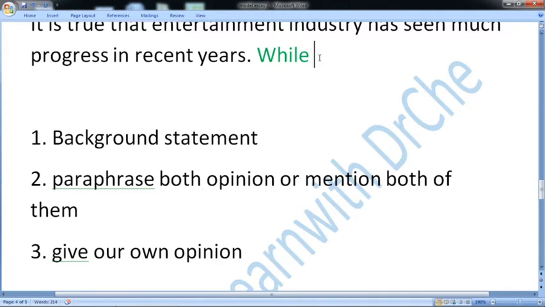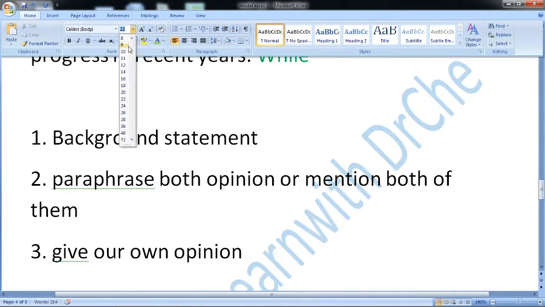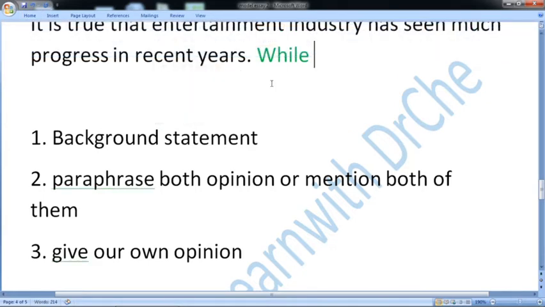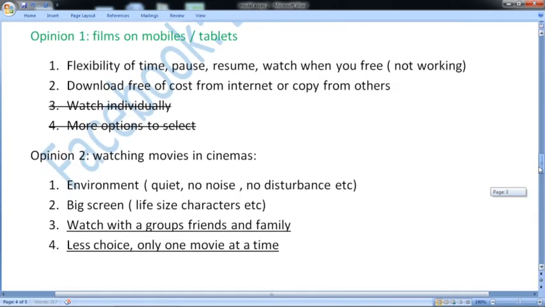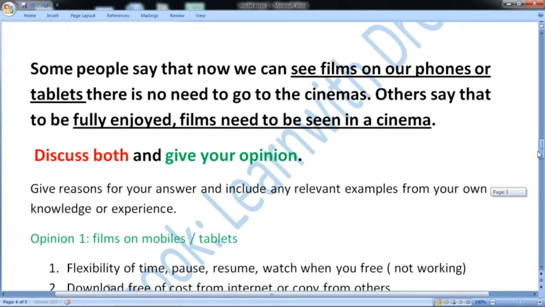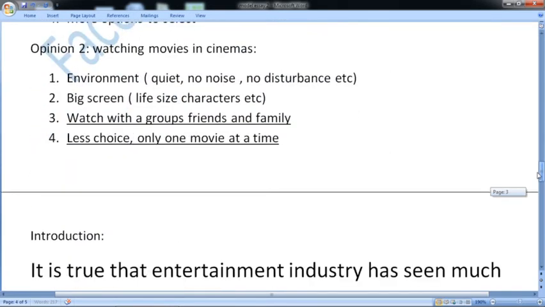While some argue that, instead of saying "some people say that", as this is in the question, some argue that.